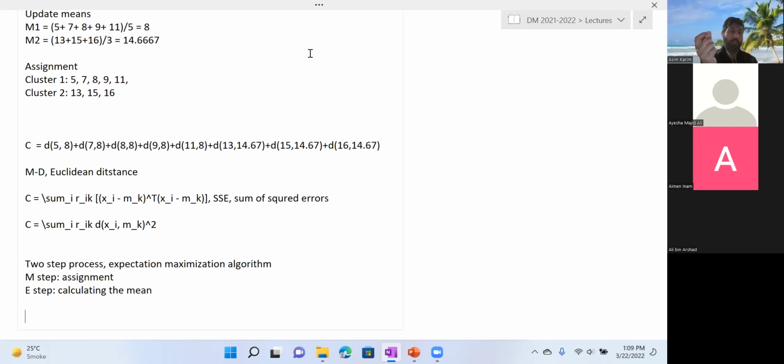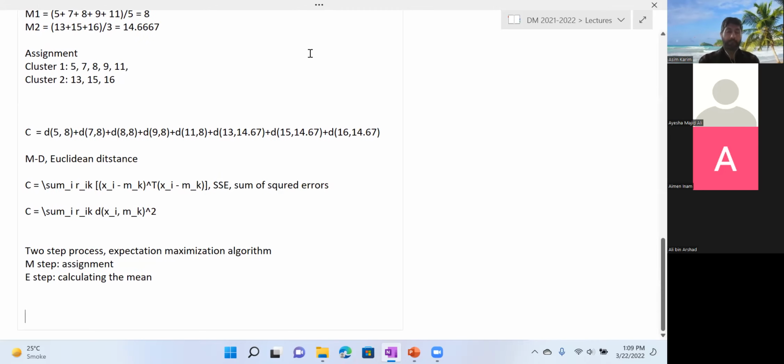Expectation, of course, is the mean. Calculating the mean. And you repeat this until there is no change or your stopping criteria is invoked and you stop.